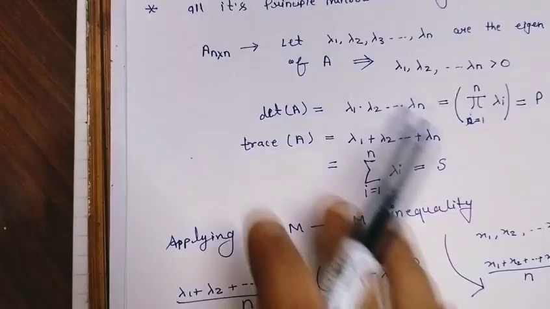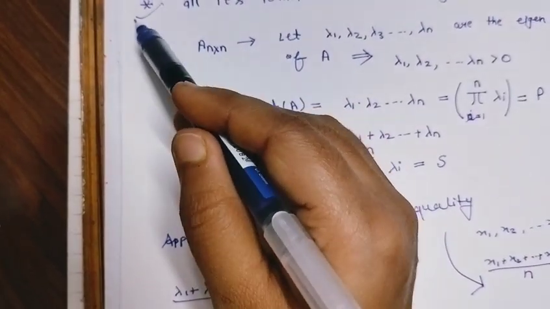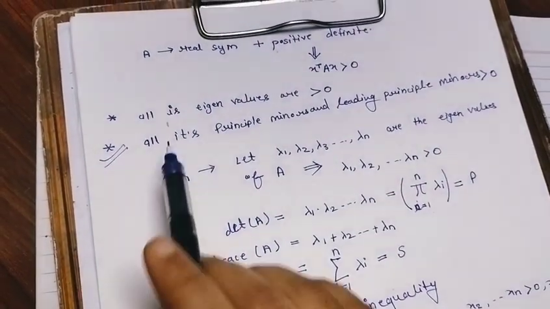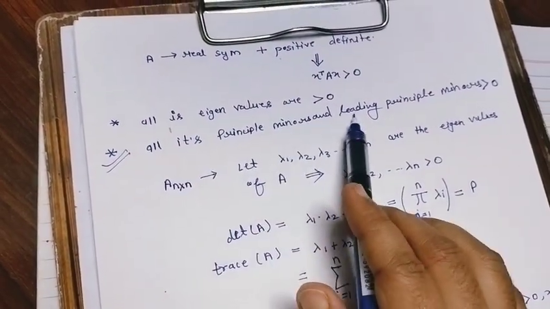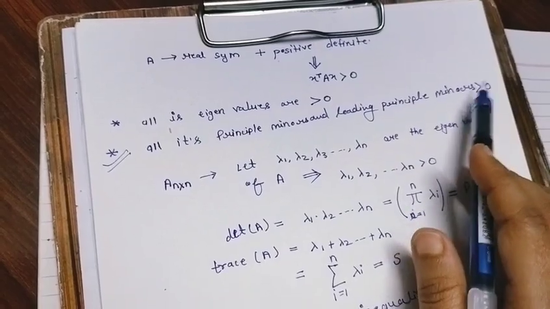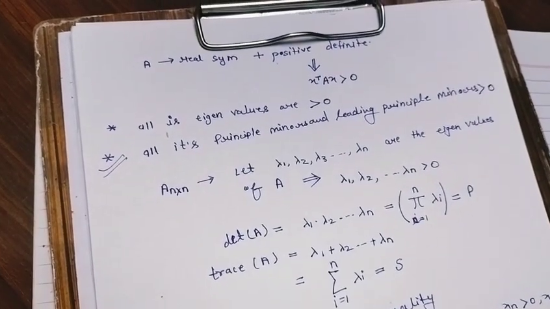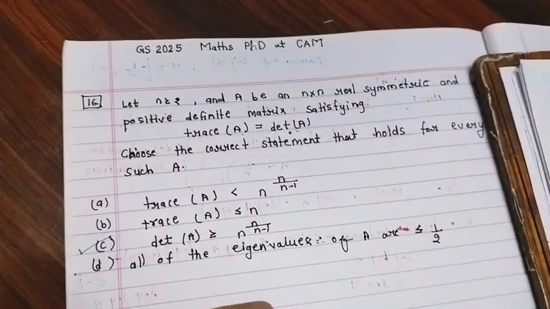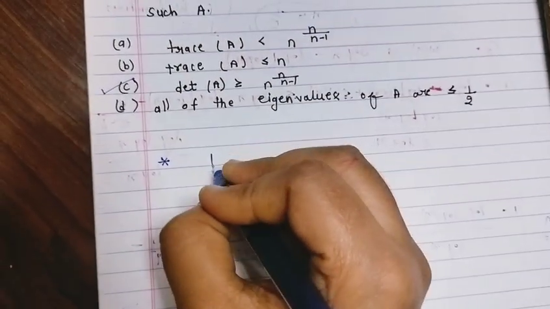I have used this property. Now by using this property I can find a counter example for those options, like all its principal minors and leading principal minors are greater than 0. I am going to choose a matrix which satisfies this condition.